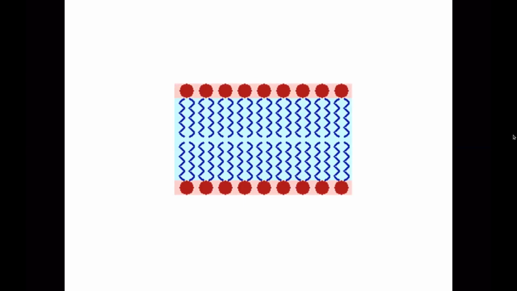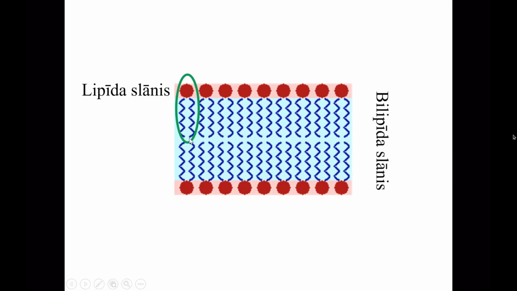The next one, the electrical transfer. If you have a look at this molecule, this is a lipid layer. This is a part that we said the head.